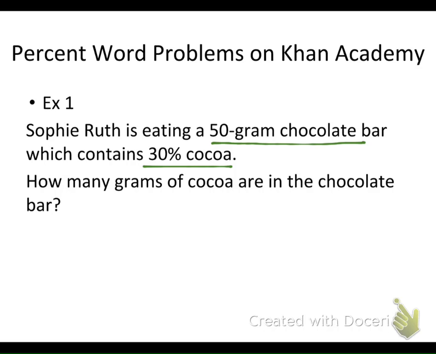What's the first part of my proportion? Percent over 100. Does it tell me the percent here? Yeah. So what's my percent? So I'm going to put 30 over 100 equals.